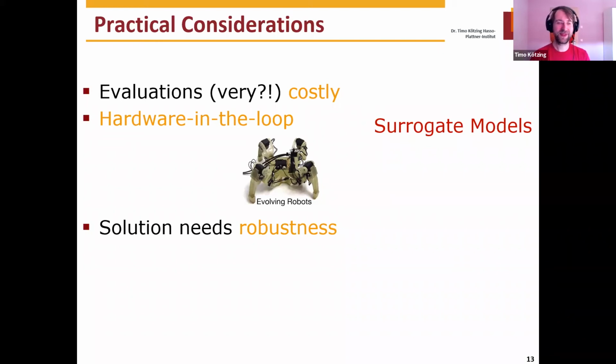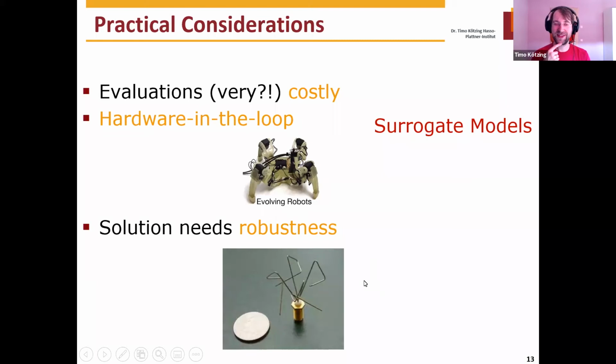that can be used. And in this direction, I want to show you this little antenna. So this is one of the early successes of evolutionary computation, where this antenna was designed with the help of an evolutionary optimizer. I think this is by NASA.